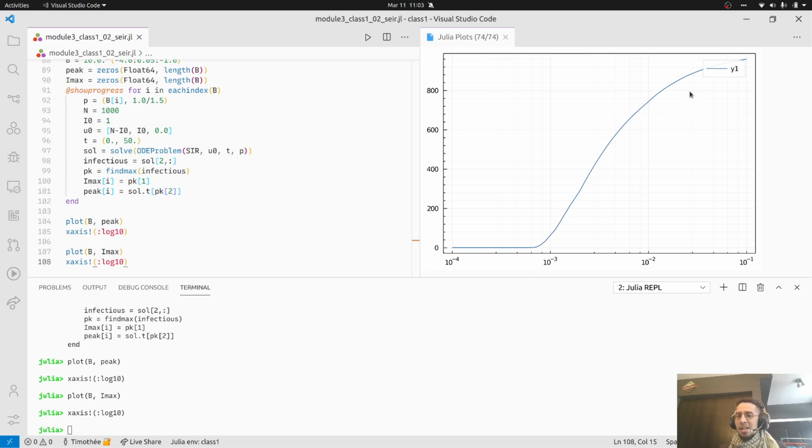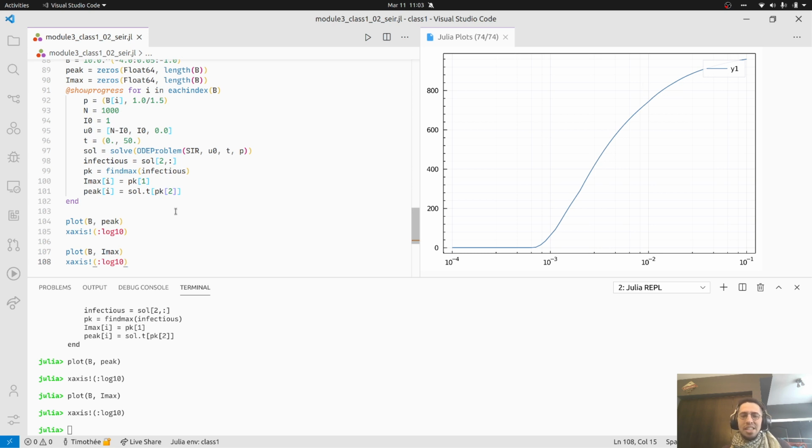But after we reach very high rates of transmission, we have a much more intense peak. In some cases we have almost the entire population infectious at the same time, which is probably telling us that everyone has moved into the infectious compartment.